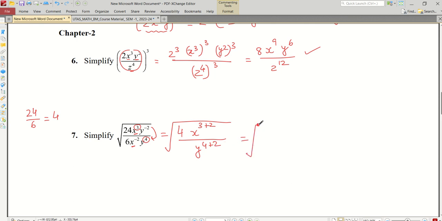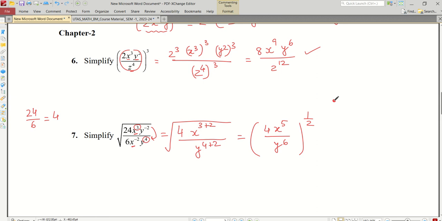Now the square root. Or another thing you can do is write the bracket: 4 x power 5 divided by y power 6, and the square root, you can write the power 1 by 2.